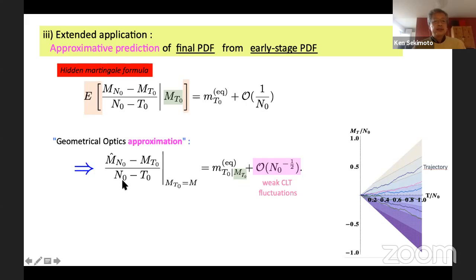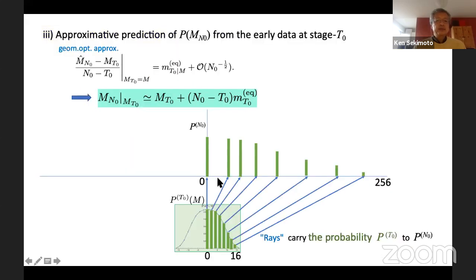So if it is a good approximation, we can use this formula, without expectation on the left-hand side, to carry the probability from the early stage distribution, which we know, to the final stage, by carrying the probability to the final value which is expected or predicted by the geometrical optical approximation, to predict the final distribution by smoothing this point.